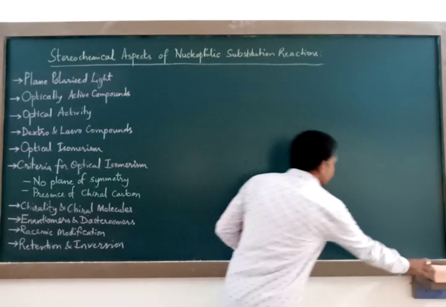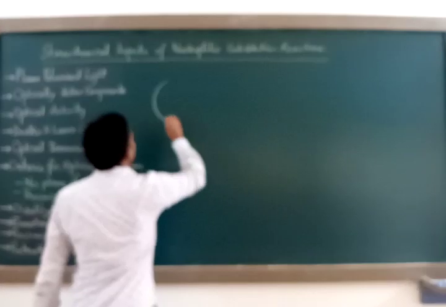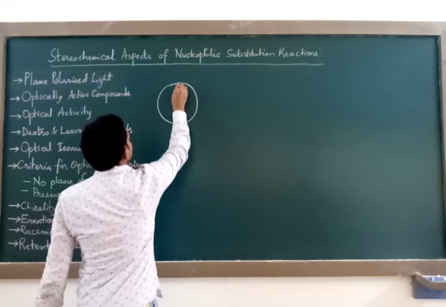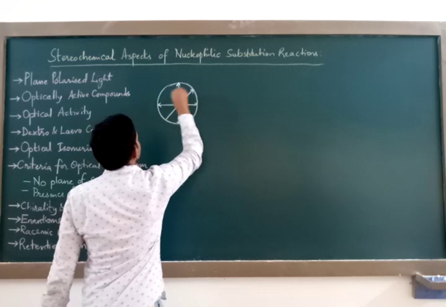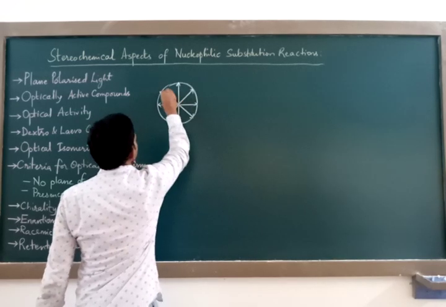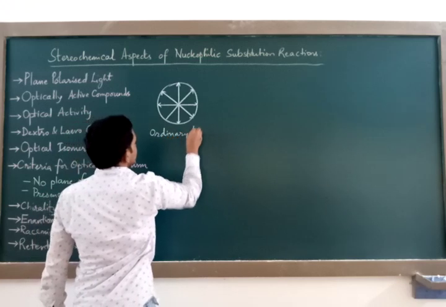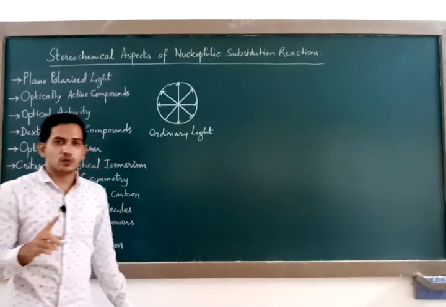We can represent ordinary light as, for example, this, which moves in all possible directions. If you want this light to move in only one specific direction, what will you do?